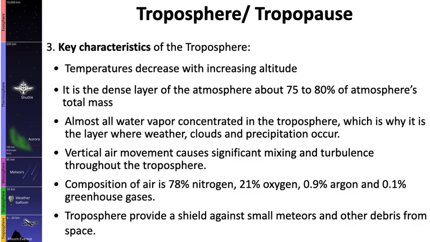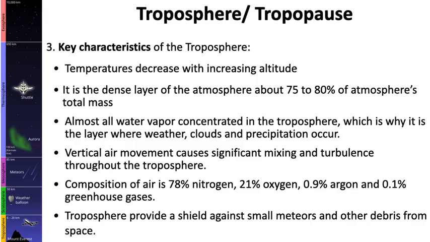Almost all water vapor is concentrated in the troposphere, which is why this is the layer where weather, clouds, and precipitation occur. There's vertical movement here, and it causes significant mixing and turbulence throughout the troposphere. So there's a lot of upward and downward movement, and you see that frequently when airplanes are sort of bouncing up and down in flight.